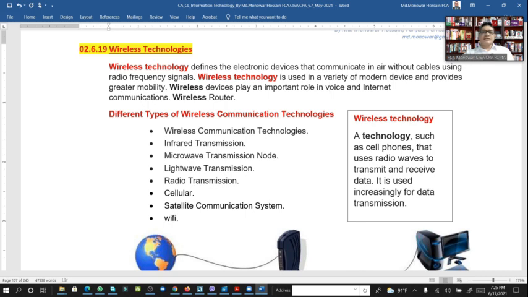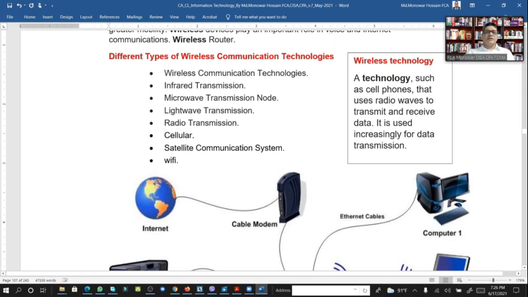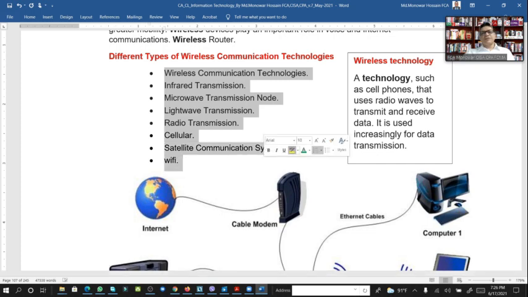We are using, for example, our Wi-Fi connection or our wireless communication technology in different types: microwave transmission, radio transmission, cellular, satellite communication systems, and popularly known as Wi-Fi also.